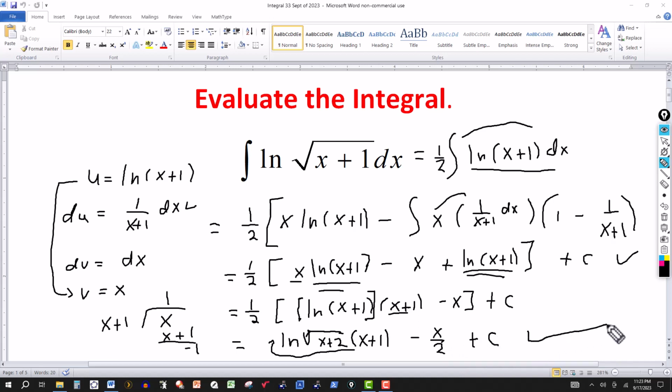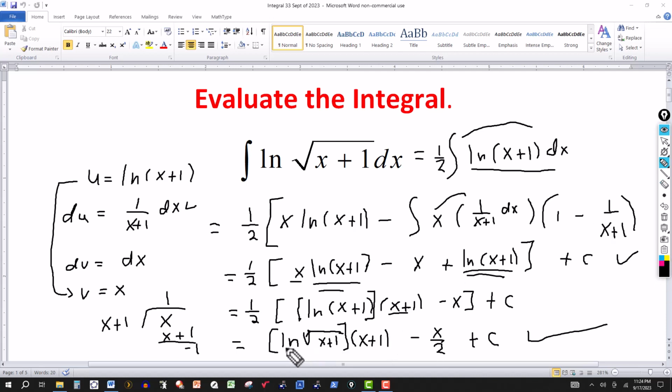This is your answer if you want to simplify it. So again, just to make it clear to you, I'll write it this way. I put a bracket on this side here and a bracket over here. So this reads: the natural log of the square root of x plus 1, and that's a 1, not a 2.